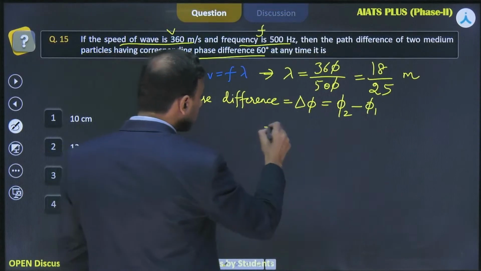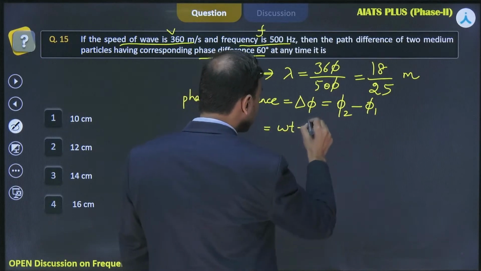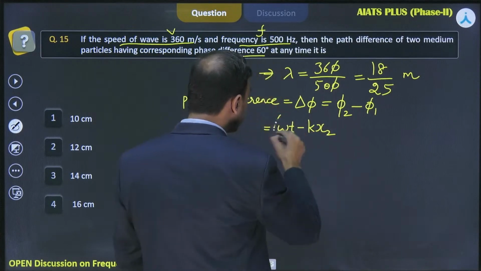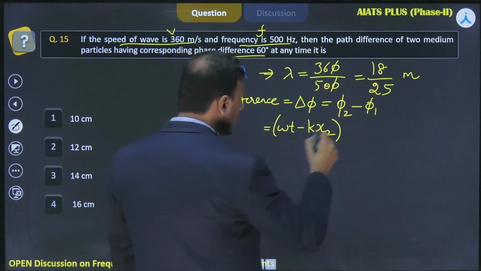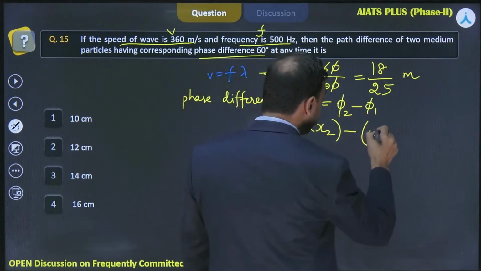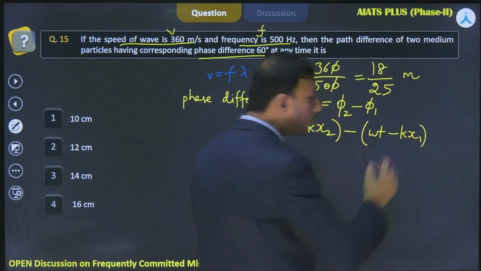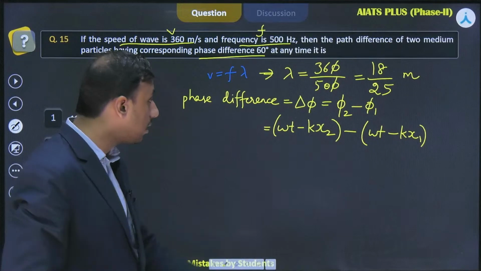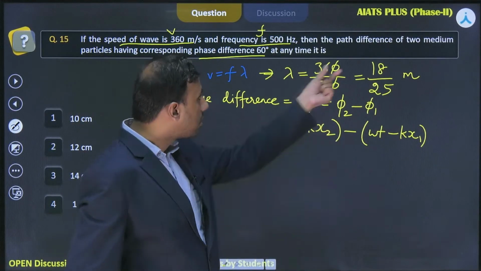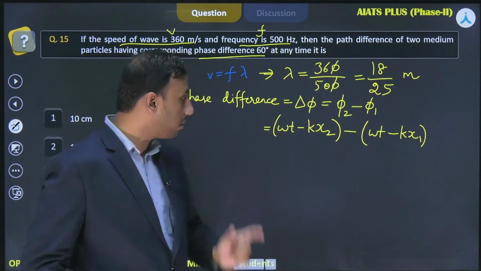So this becomes omega t minus kx2 for this particle and omega t minus kx1 for the next particle. Now you can ask the question, well, what about time? Why have I not written t2 and t1? Because we are considering both of those particles at the same time. So t will remain the same.